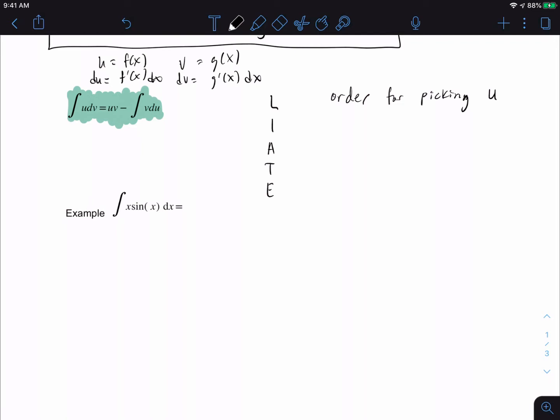Now, how many of you guys were super strong at integration? Wow. All right, so we have some work to do. This chapter, you're going to have to put in some time.